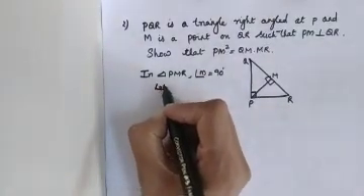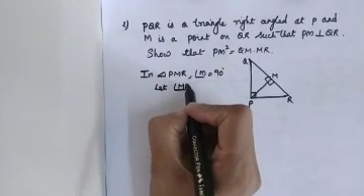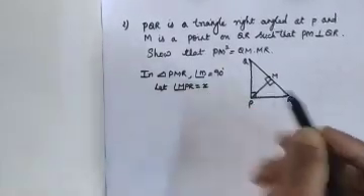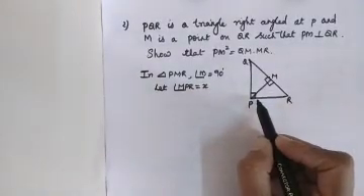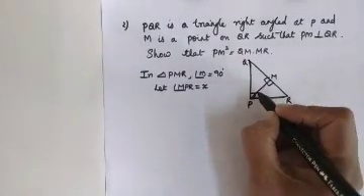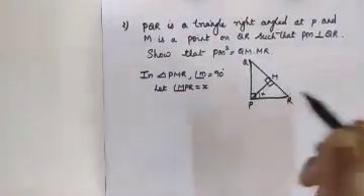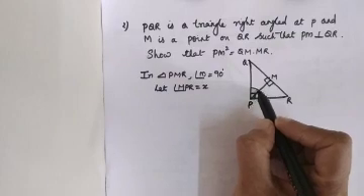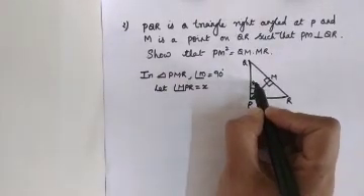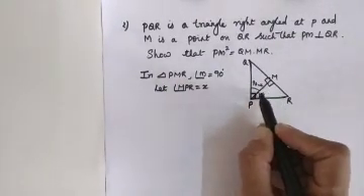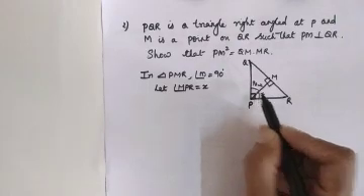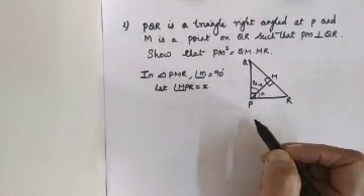So let angle MPR be x. I am taking this as x. You know that is the small part MPR. If you take this as x, you know that the remaining part will be 90 minus x, because the full thing is 90. If one part is x, the remaining will be 90 minus x.